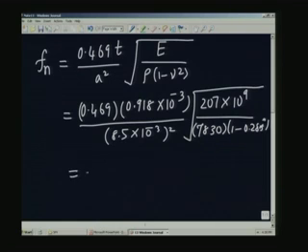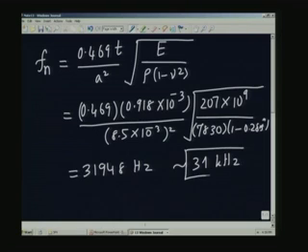This will come to 31,948, 32 or 31 kilohertz. Obviously, the frequency will be quite large, because it is a small diaphragm.